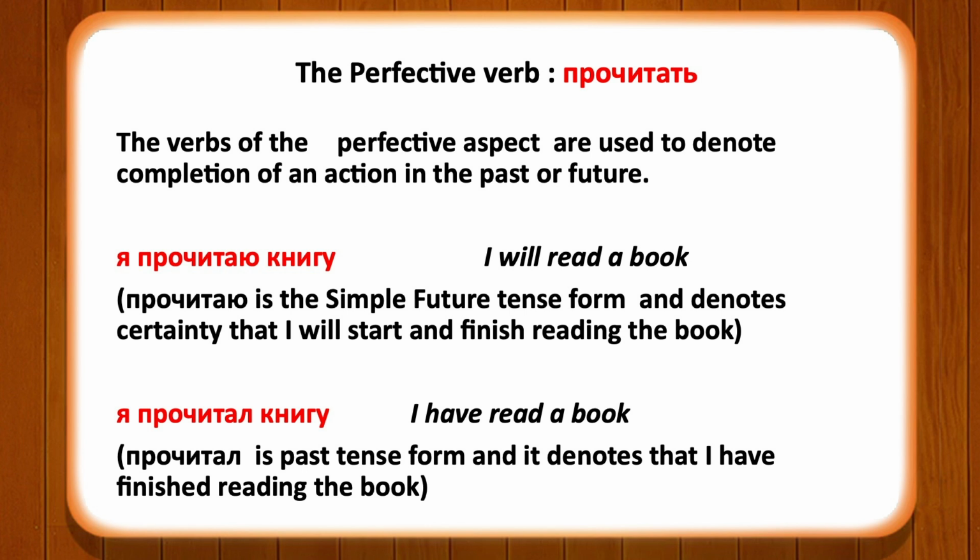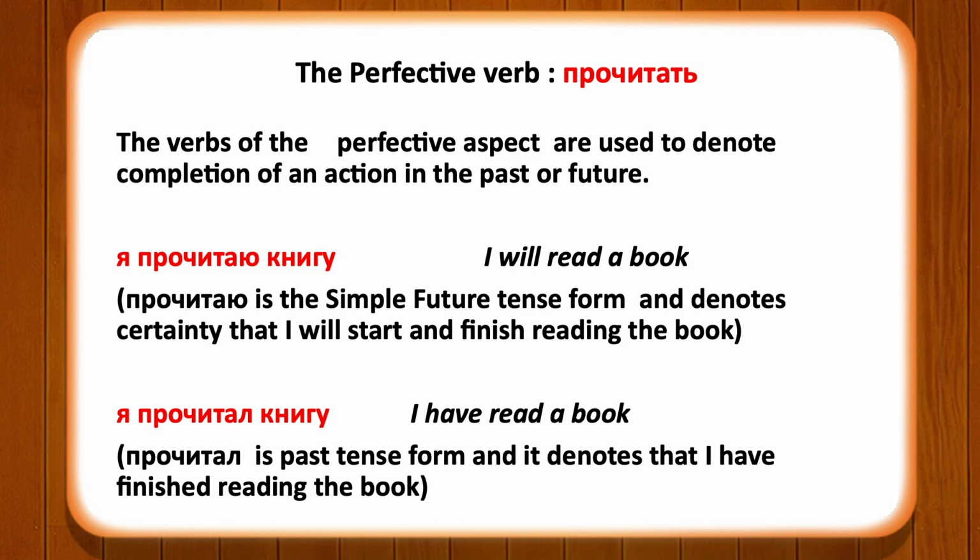The perfective aspect verb denotes an action that has taken place once and has been completed. In comparison to the imperfective aspect verb which denotes an action that is repeated or that is a habitual action.